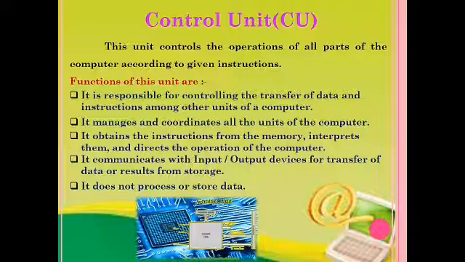The control unit obtains the instructions from the memory, interprets them and directs the operations of the computer. The control unit can communicate with input devices and output devices for transfer of data or results from the storage. And a control unit does not process or store data.